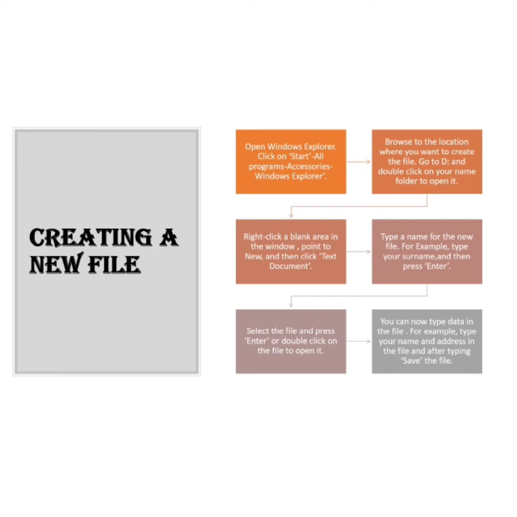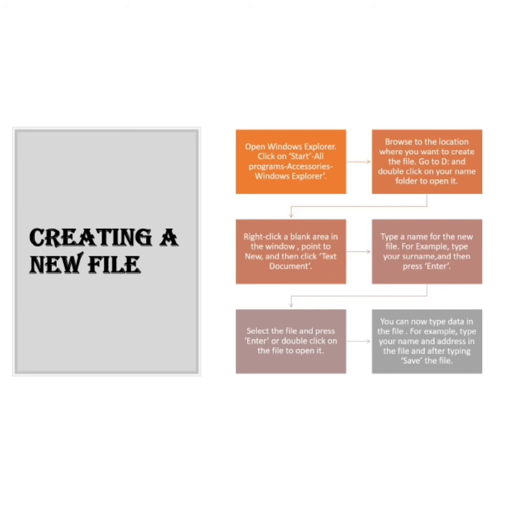Type a name for the new file. For example, type your surname and then press Enter. Select the file and press Enter or double click on the file to open it. Lastly, you can now type data in the file.